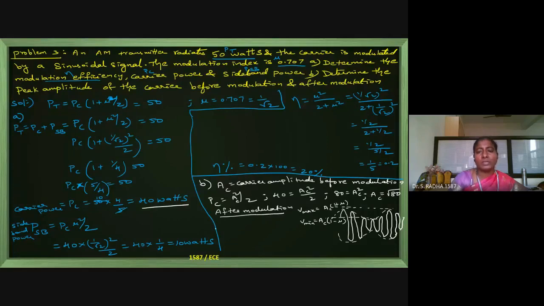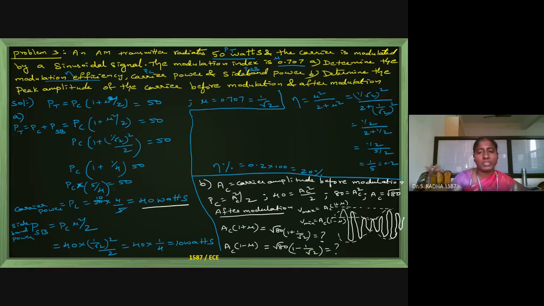After modulation, the carrier amplitude is AC into 1 plus mu. AC we just got as root 80, and mu is 1 by root 2. You simplify and find the answer. Similarly, V min is AC into 1 minus mu, which is root 80 into 1 minus 1 by root 2.